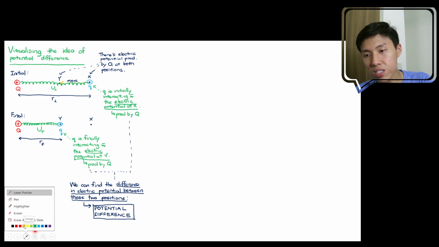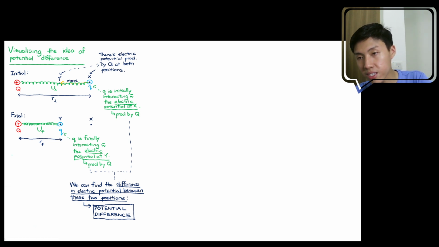If we look at this situation, we can see that for general cases, most of the cases, I'm not saying all cases, or for most of the questions that you find in an exercise, the moving charge is usually the interacting charge.